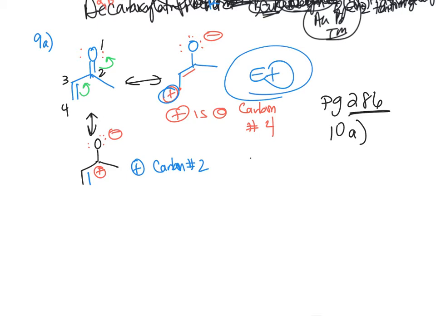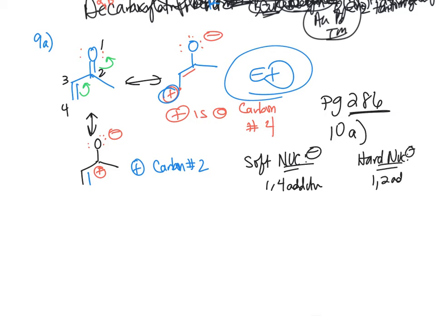Remember I told you that soft nucleophiles prefer the 1,4 addition. That's what we're talking about here. Hard nucleophiles will do the 1,2 addition. So nucleophiles that are stabilized, less reactive, will afford a 1,4. So stabilized.